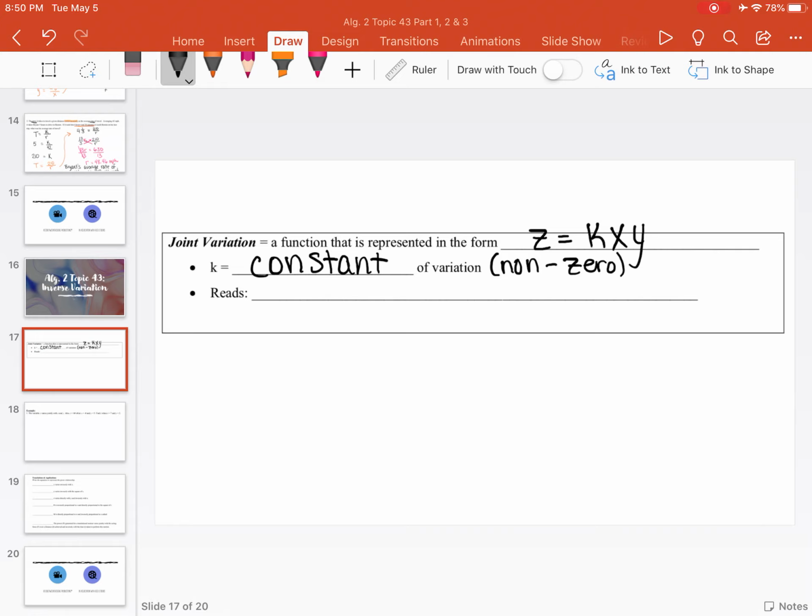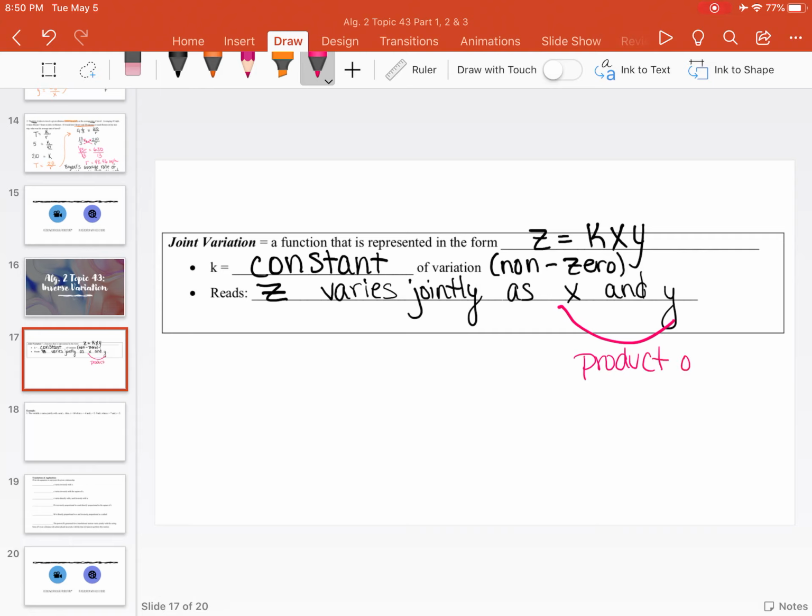This would read as z varies jointly as x and y. Now this can be a product of two or more quantities.